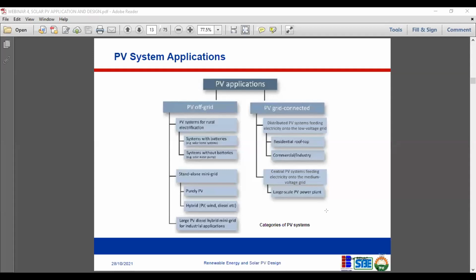And for the grid-connected, there are two sets: the central PV system, which you refer to as solar farms, mainly seen in European countries, and the distributed PV system, which is more like the one we're doing in Nigeria now, on off-site locations.